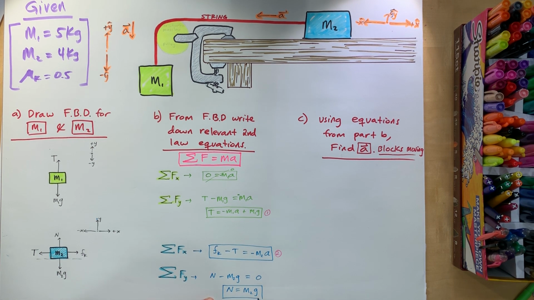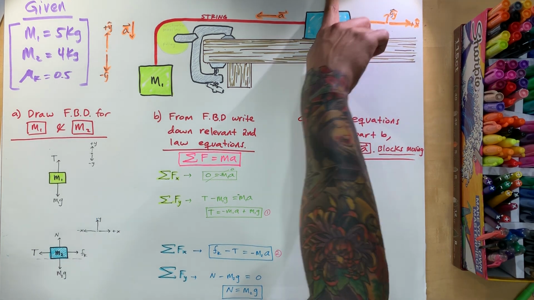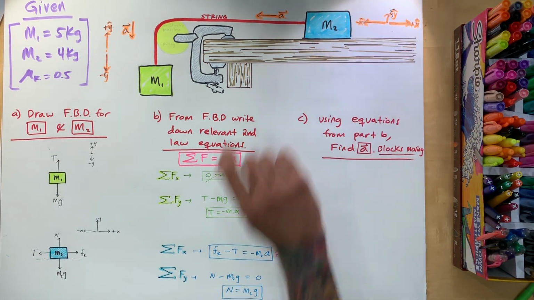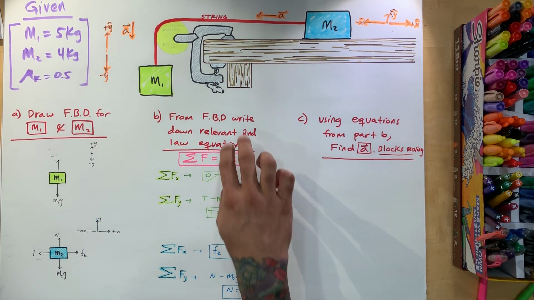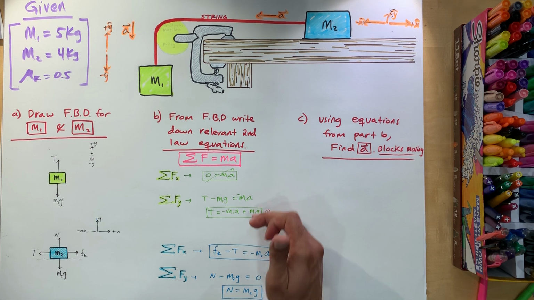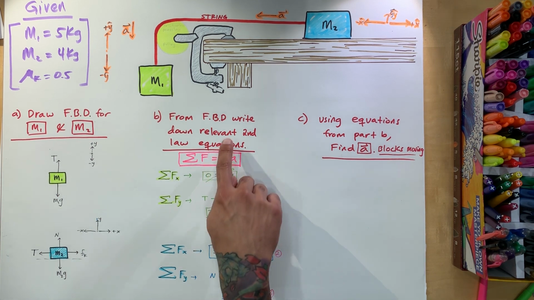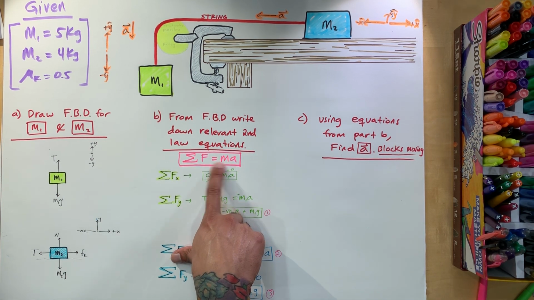Since they're equal to each other, this thing stays still. Should we label that 3? Yeah, let's label it 3. So this is the normal. So these are the relevant equations, 1, 2, 3, that we built using Newton's second law.